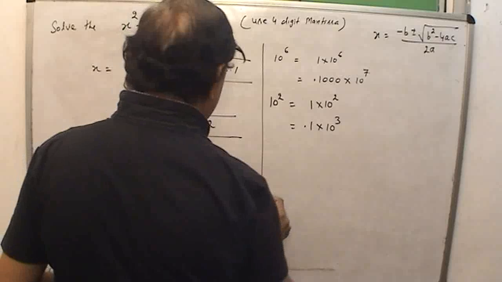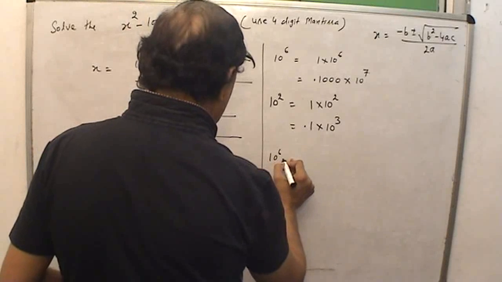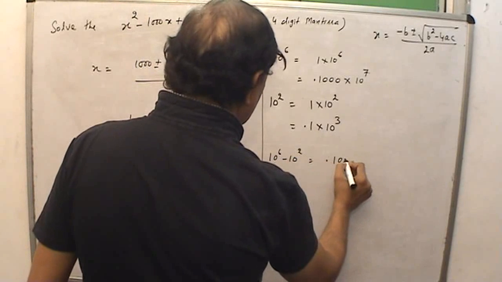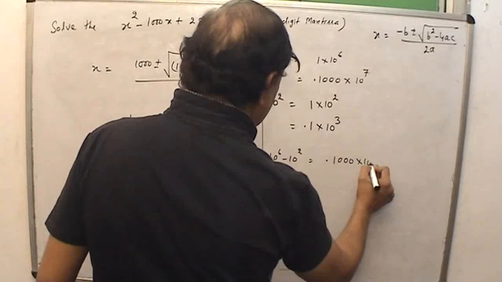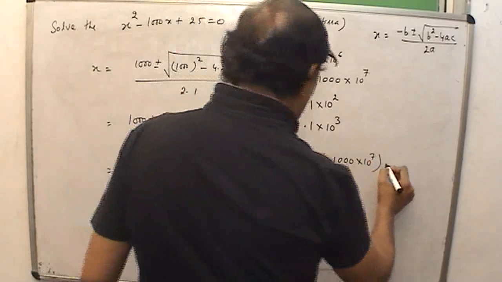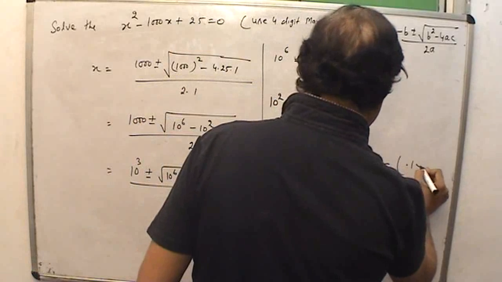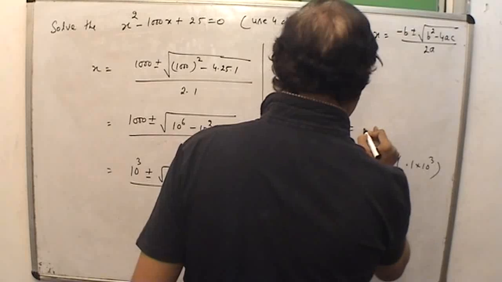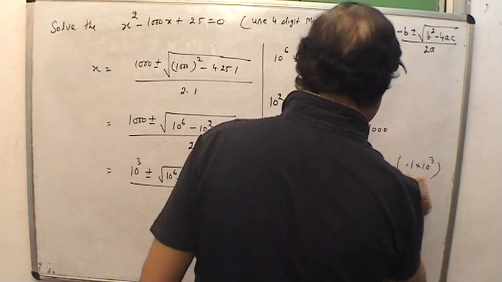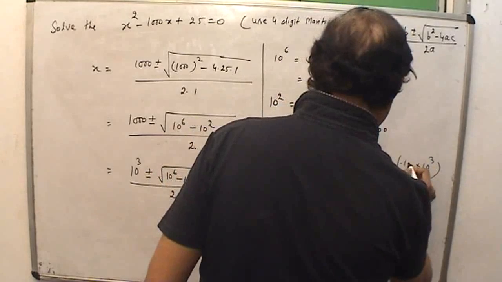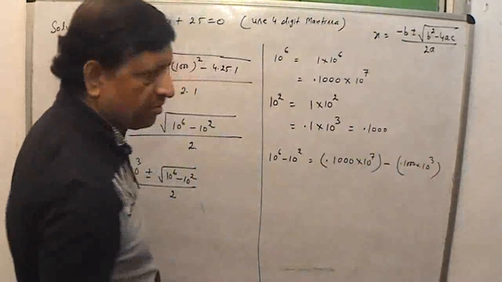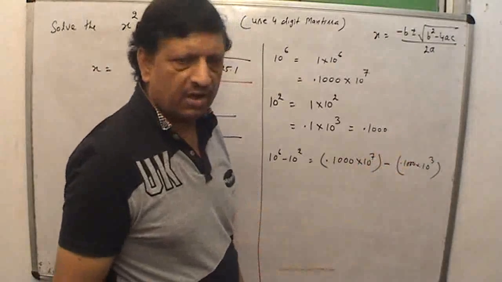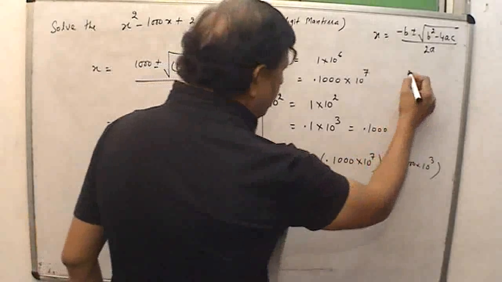Now, if we subtract them, 10 raised to the power 6 minus 10 raised to the power 2 means 0.1000 into 10 raised to the power 7 minus 0.1000 into 10 raised to the power 3. We cannot subtract these figures until the exponents are the same. So we change 7 into 3.